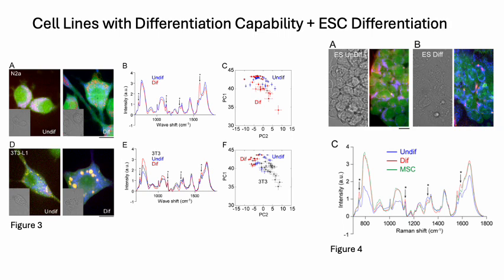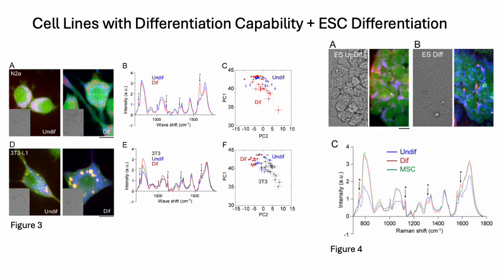The authors note that changes in the cytochrome C signals can reflect shifts in mitochondria, which often occur when a cell's energy needs change as it specializes. Next, they used principal component analysis to analyze the nuclear spectra. And while the spectra from undifferentiated and differentiated cells did show some overlap, because not all cells go through differentiation at the same pace, there was still a clear shift in how the populations clustered in the PCA space.